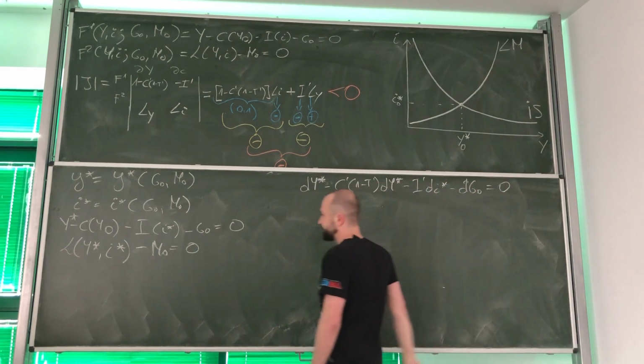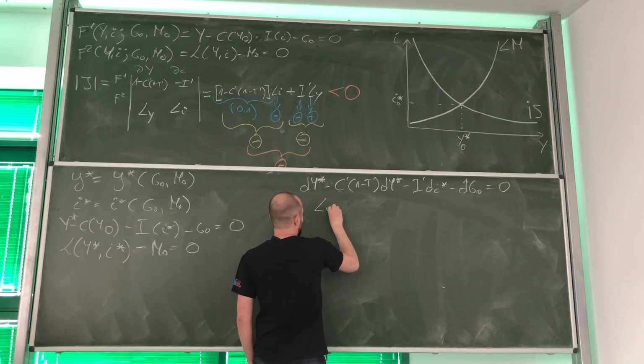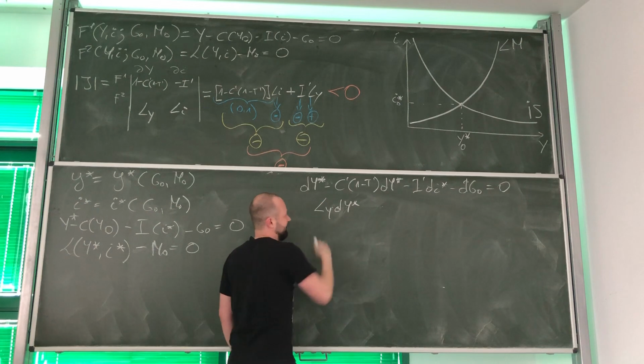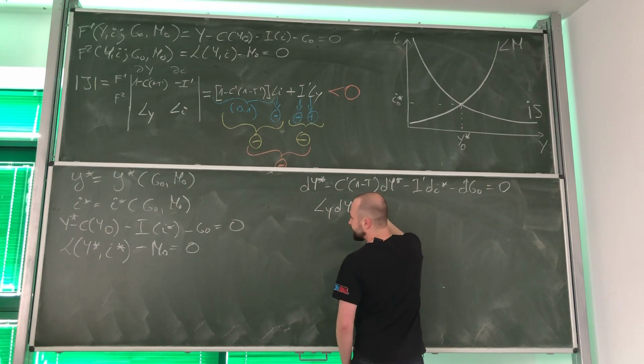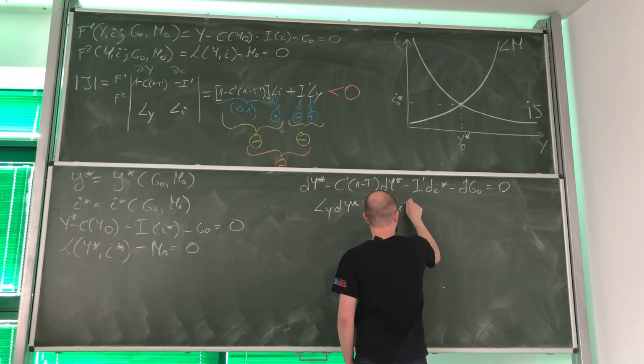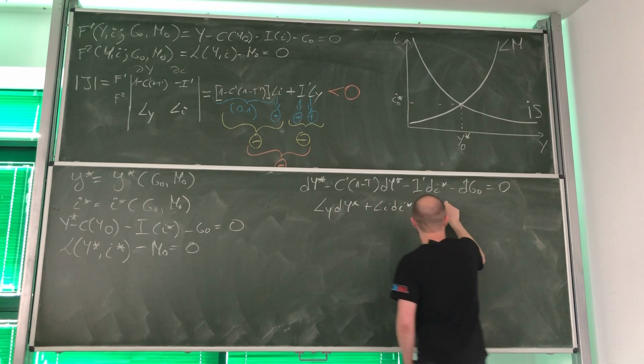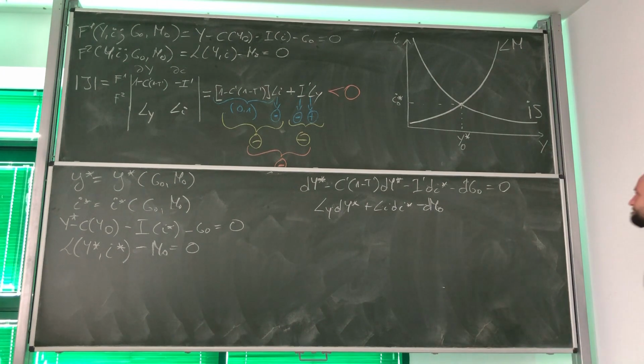And then we've got Ly dy, let's call it just dy, plus Li di minus dm0. Okay, what do we do in the next step?